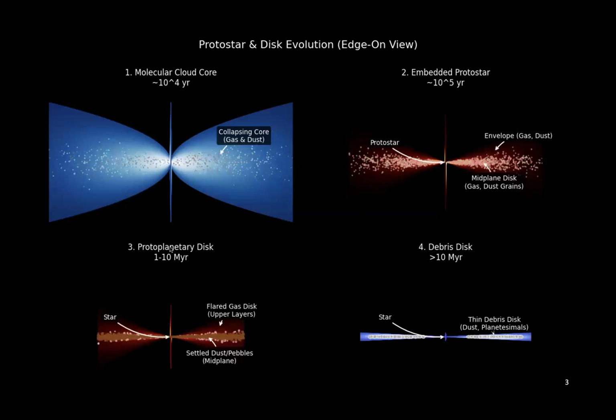The major difference between the protoplanetary disk and the debris disk is that in the debris disk, we mostly have dust and planetesimals and almost no gas, and the scale height is smaller. But for the protoplanetary disk, we have a larger scale height and much more dust, much more gas.